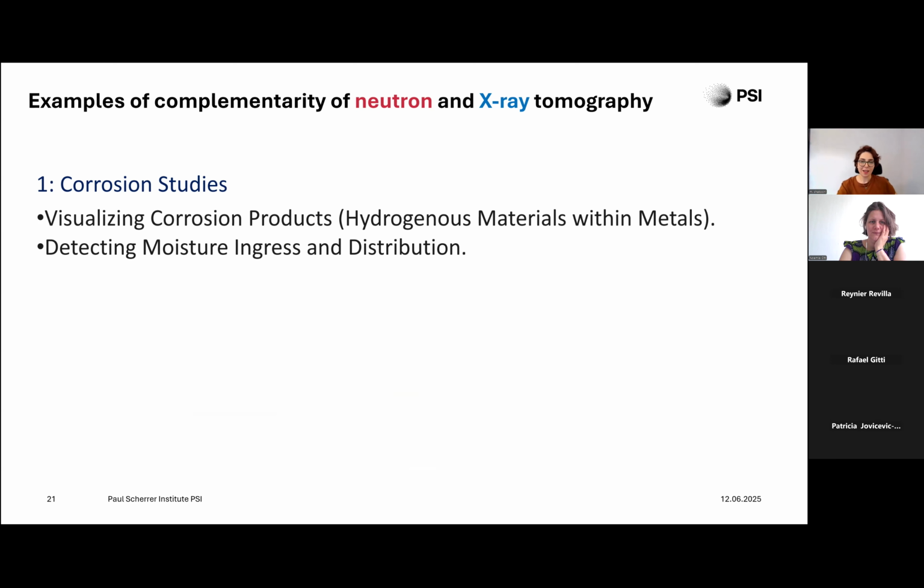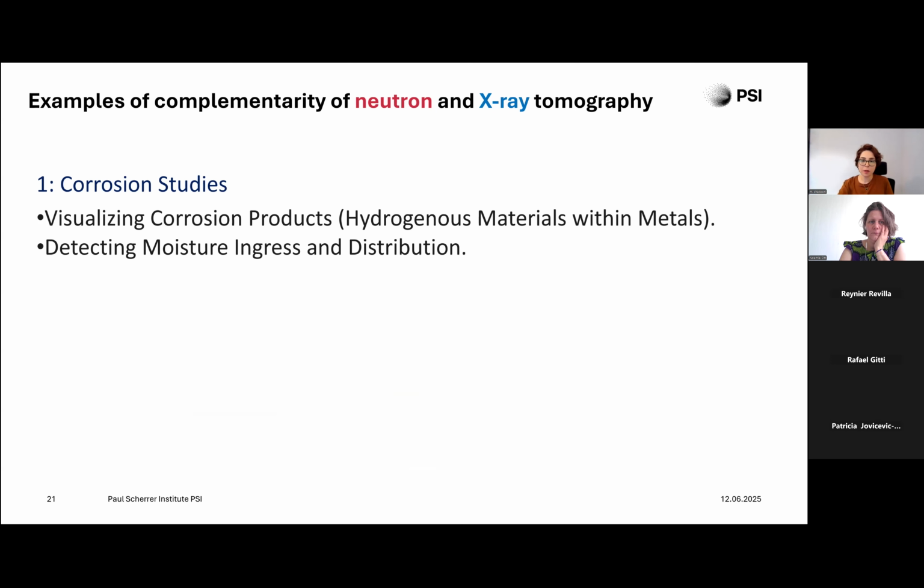This is an application where both neutron and X-ray tomography work together to reveal both microstructure and important features like heterogeneous materials. My example is steel corrosion in a steel reinforced concrete sample.